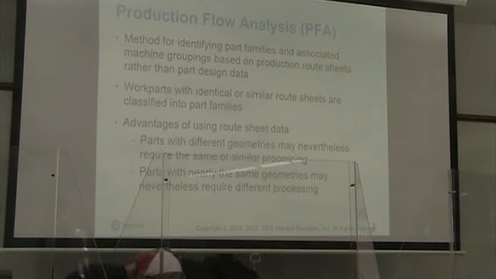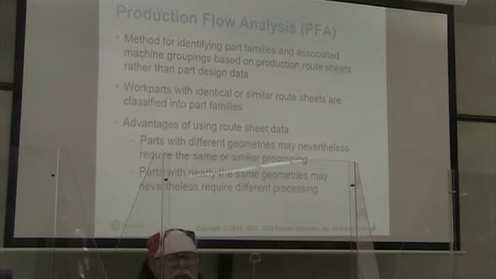When we do production flow analysis, in that case, we're identifying part families and thus the associated machine groupings based on the production route sheets rather than on our part design. So work parts that have identical or similar route sheets get classified into part families.